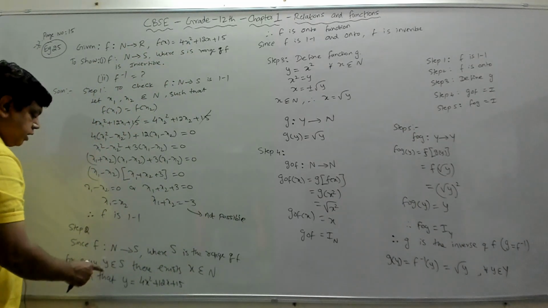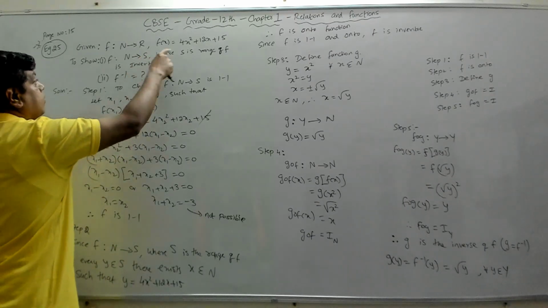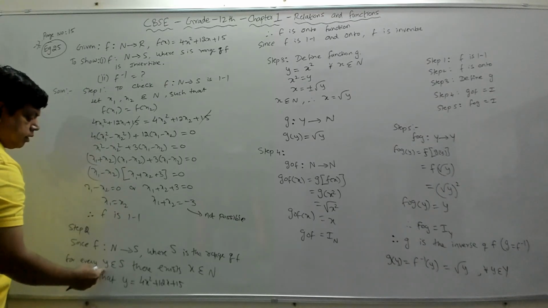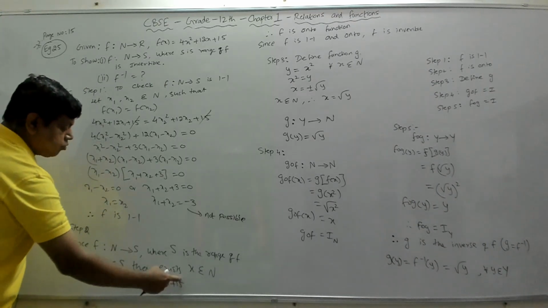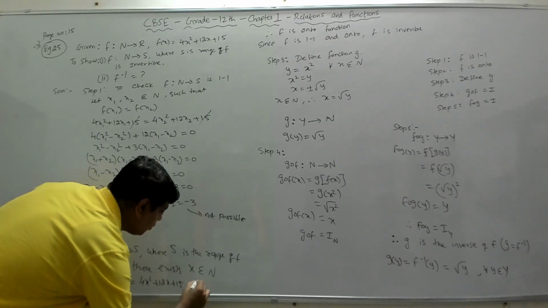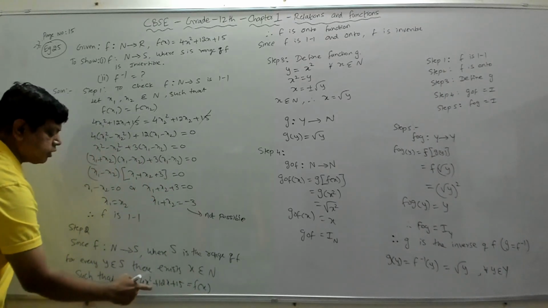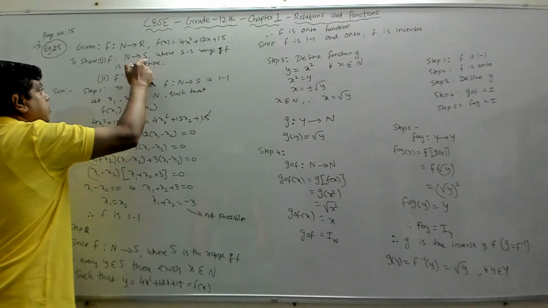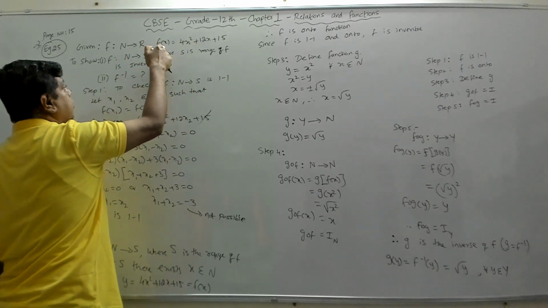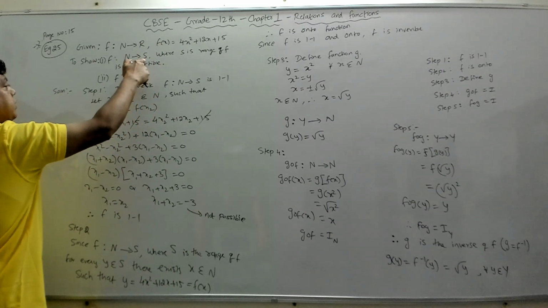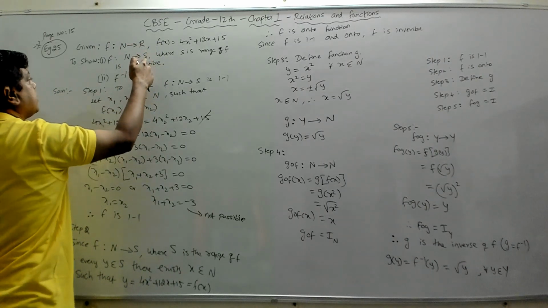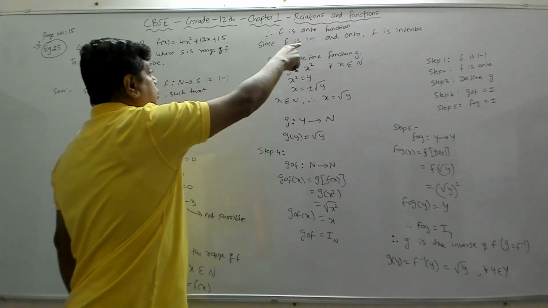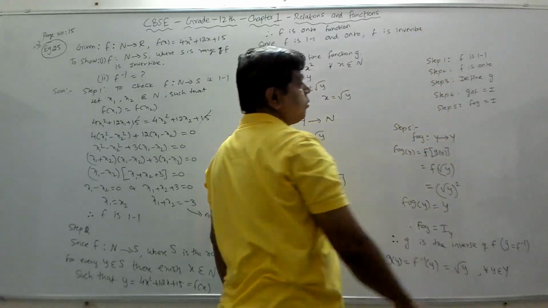So any element y I take from S will be in this form, and this is equal to f of x. So every element we take from S, there exists an x in N such that f of x is equal to y. Therefore, f is onto. Since f is 1 to 1 and onto, f is invertible.